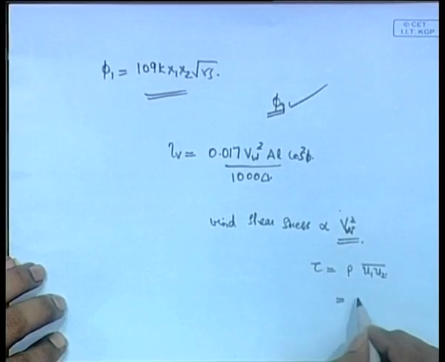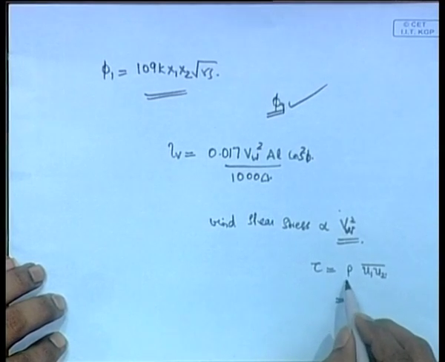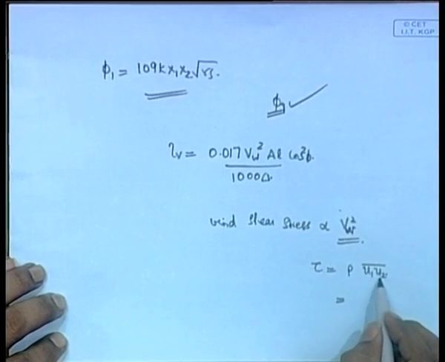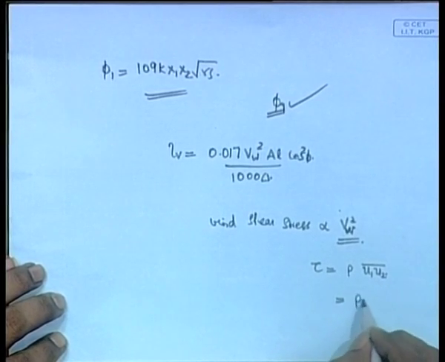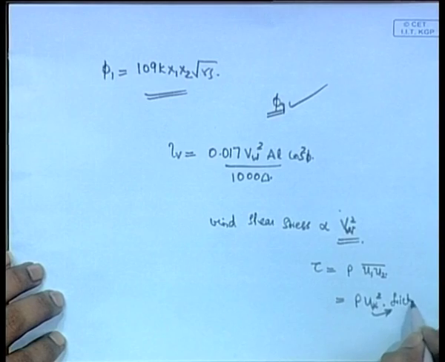In general, rho u1 u2 gives the wind stress, where rho is the density of air and u1 and u2 are the turbulent velocities. This is written as u star squared, where u star is known as the frictional velocity.